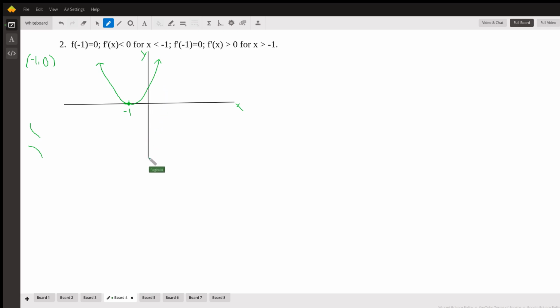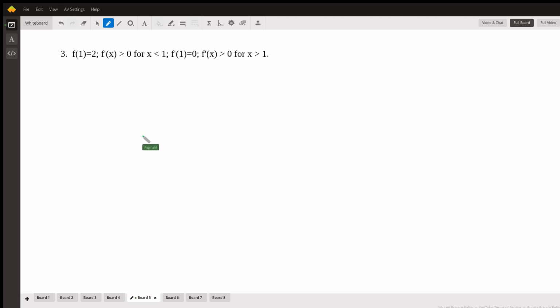All right, let's go to number 3. f of 1 is 2, and f prime of x is greater than 0 when x is less than 1. f prime of 1 is 0. And we have f prime of x is greater than 0 for x greater than 1. Okay.